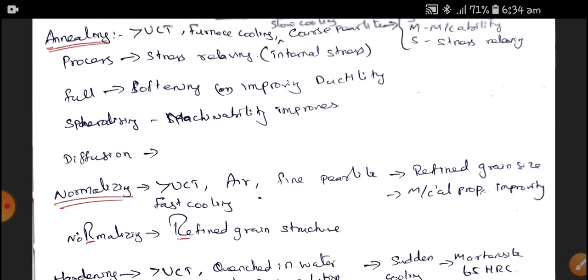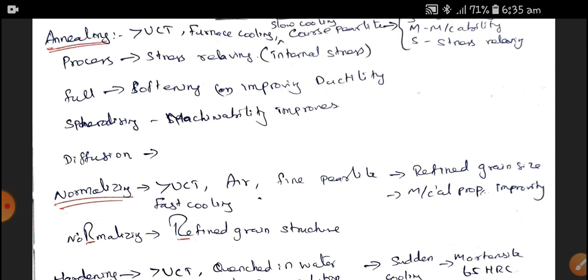Next one is the normalizing process. The normalizing process is very similar to the annealing process. We heat the material above the upper critical temperature, that is, above the recrystallization temperature, and cool it in air. The difference here is cooling via air.